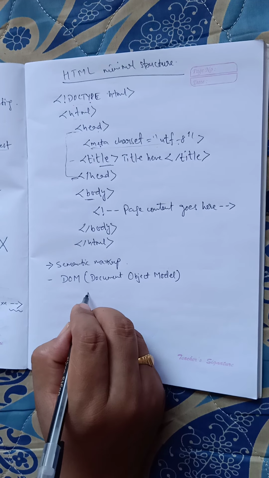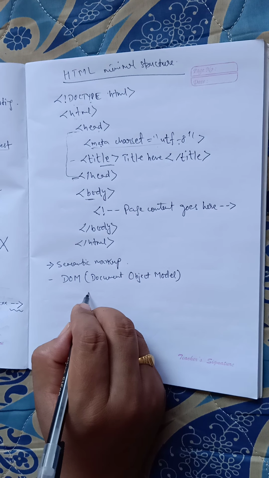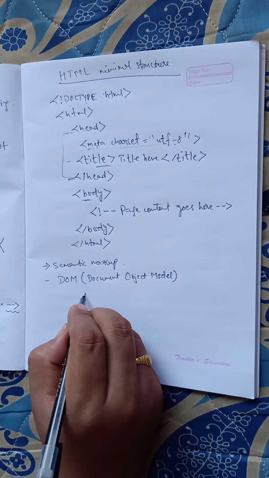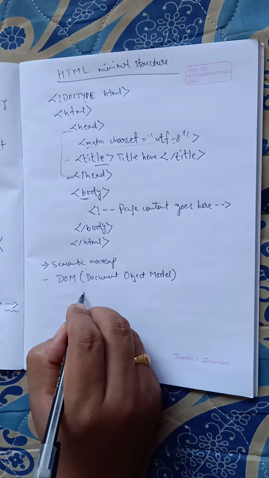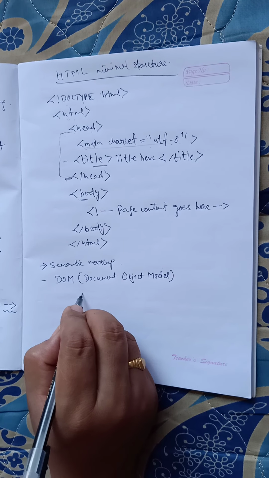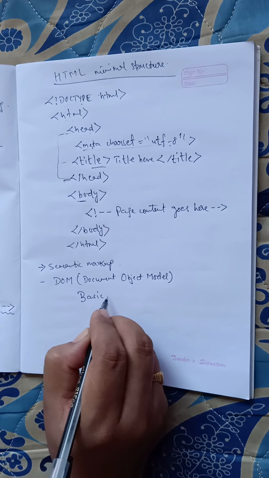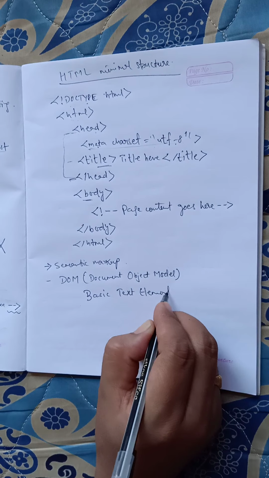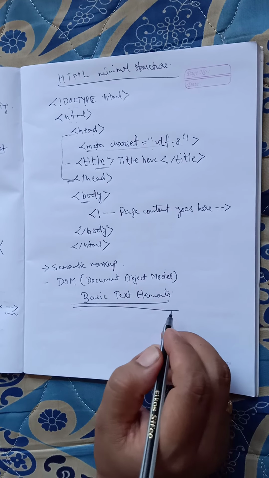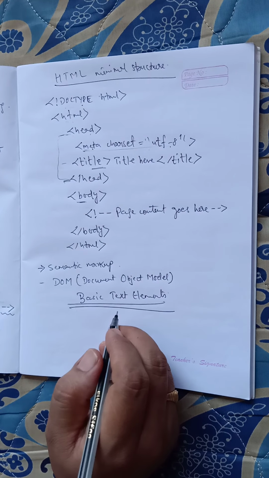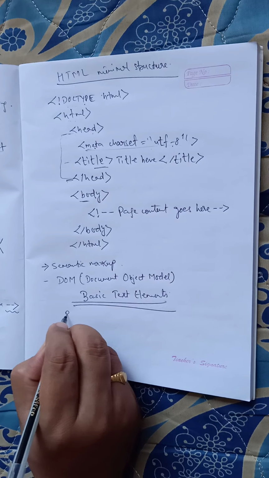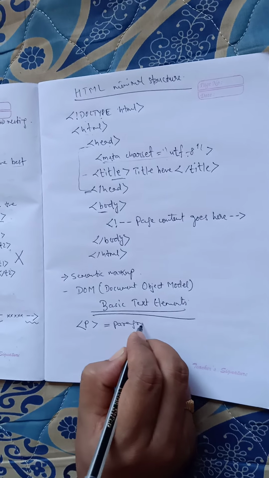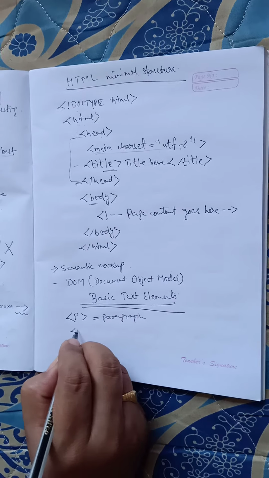So now let's discuss some basic text elements. One is P, which is for our paragraph.